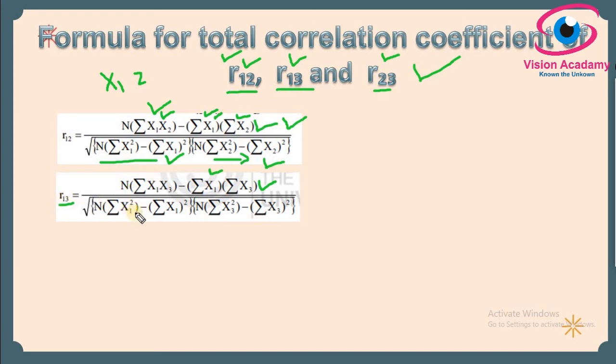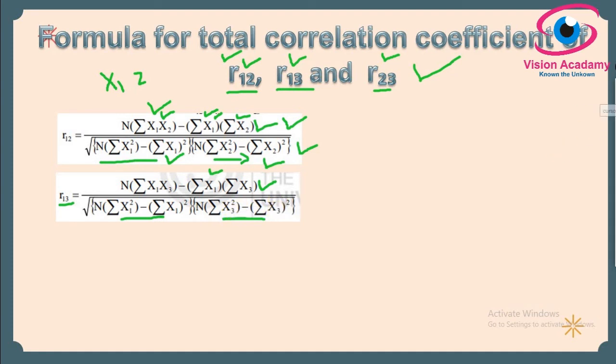In the denominator this portion is common because we are dealing with x1: summation x1 square, summation x1 whole square. But the other part changes: in R12 we considered x1 and x2, that is why we used x2 there, but in the case of R13 we are using x1 and x3, that's why we use x3 square and summation x3 whole square.